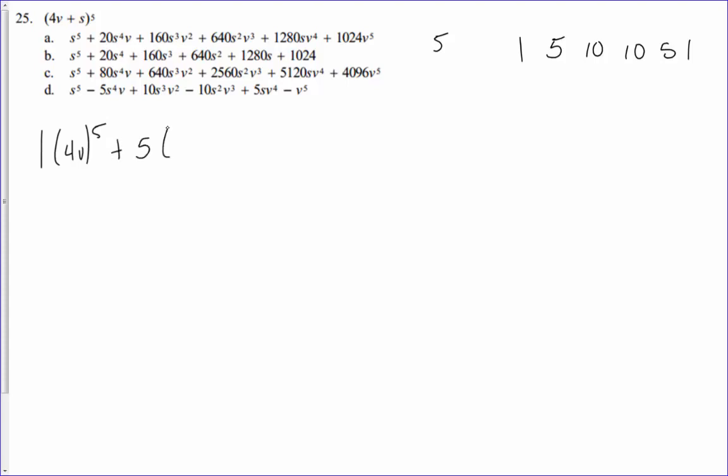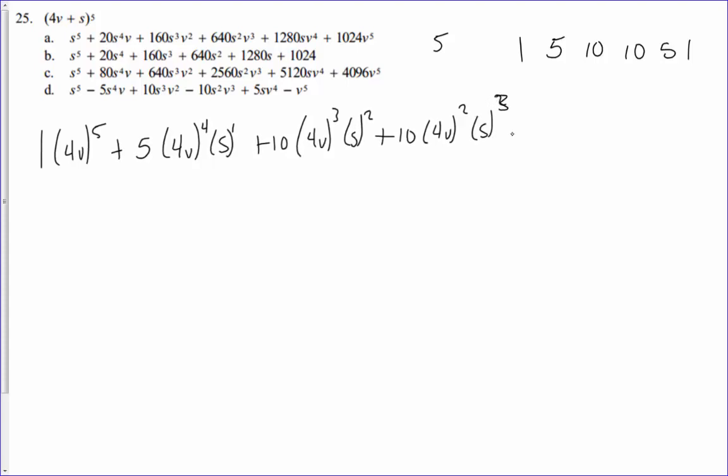Plus 5 (4v) to the 4th times s to the 1st, plus 10 (4v) cubed s squared, plus 10 (4v) squared s cubed, plus 5 (4v) to the 1st s to the 4th, and then plus 1 s to the 5th.